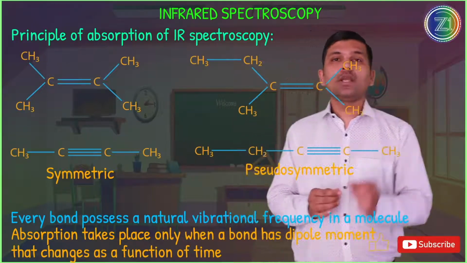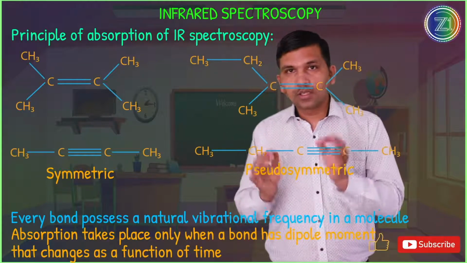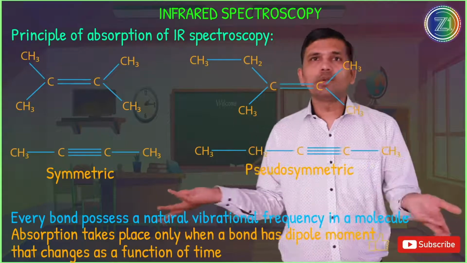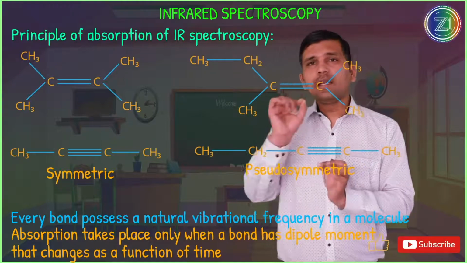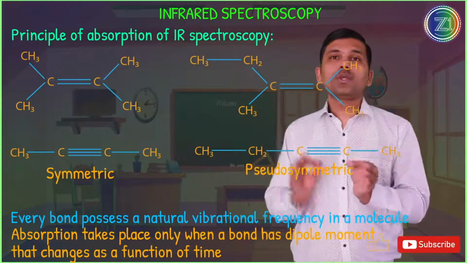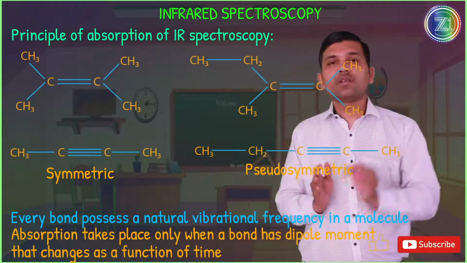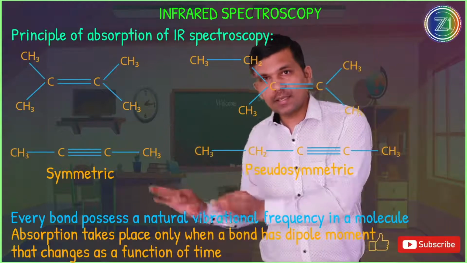That means if a molecule possesses zero dipole moment inside the bonds, or the overall dipole moment of the molecule is zero, or only a very small dipole moment, then the molecule is not going to absorb these IR radiations. That means we cannot analyze these compounds with IR spectroscopy.